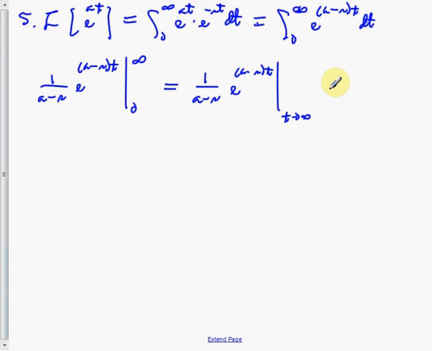Then, when you evaluate it at 0, we get negative 1 over a minus s, and you plug in e to the a minus s times 0. Now, that first term, it's 1 over a minus s, which is just a number, times e to the a minus s times t.